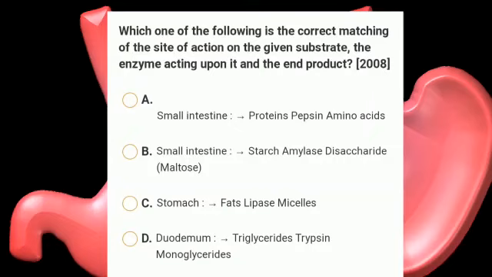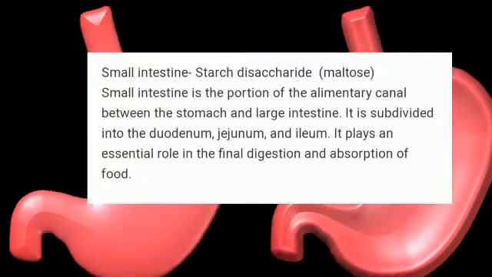Third is stomach, fat, lipase, micelles. The last is duodenum, which is also part of the small intestine, triglycerides, trypsin, monoglycerides. Which of the following is a correct matching? Small intestine, starch, disaccharide, that is maltose.